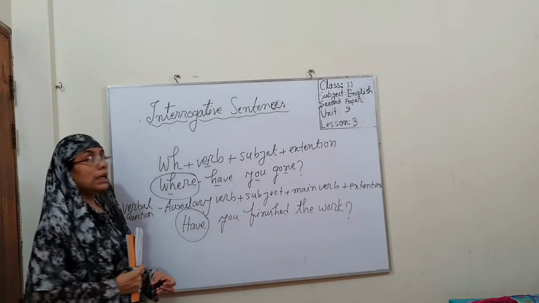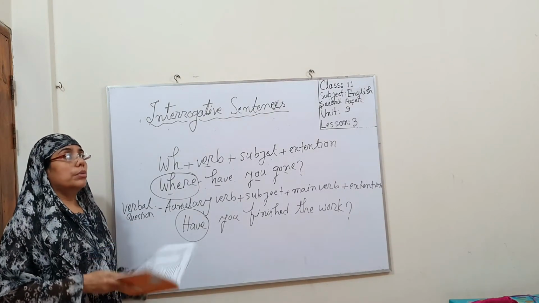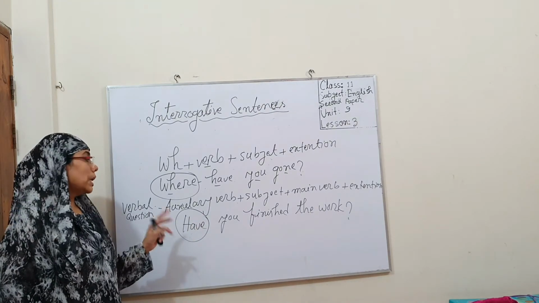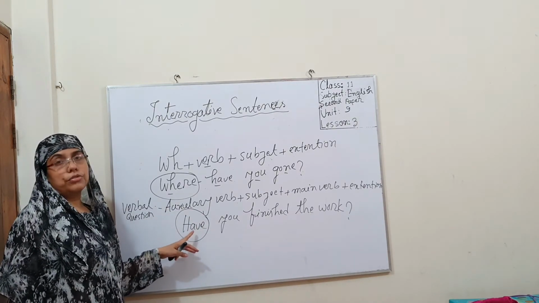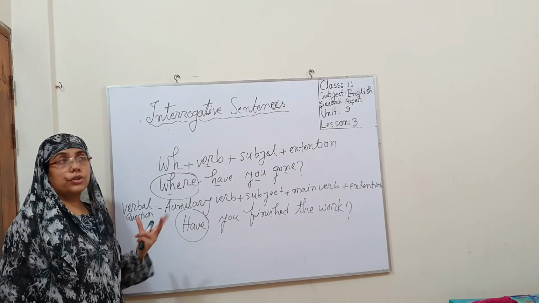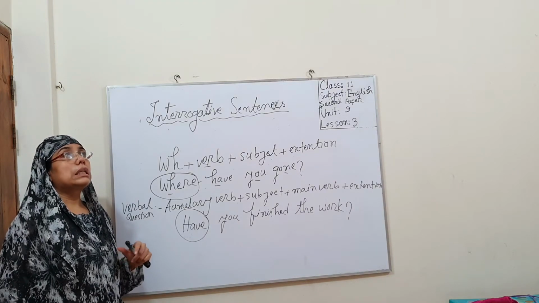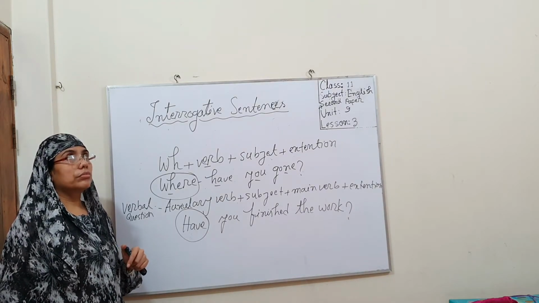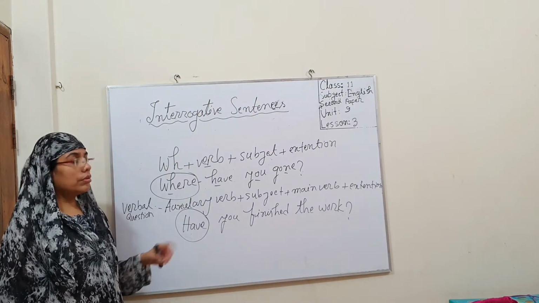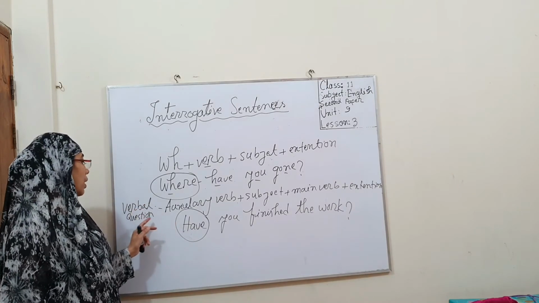So it is very clear that in a verbal question we always begin with an auxiliary verb: have, has, had, am, is, are, do, did, does, and shall, will, or can, could, may, might. We always use such auxiliary verbs to write a verbal question.